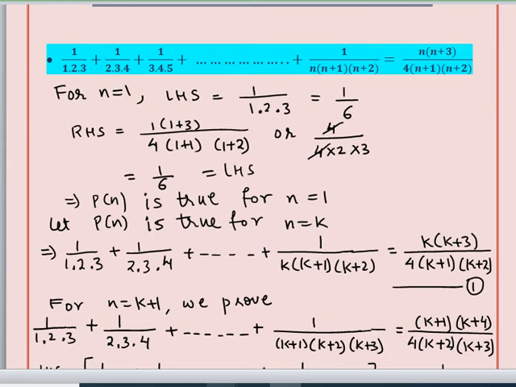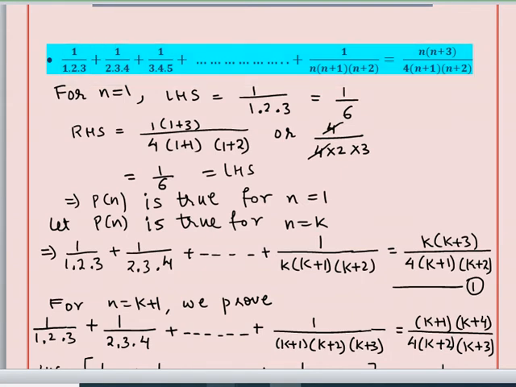So for n is equal to k plus 1, now we are going to prove 1 over 1 into 2 into 3 plus 1 over 2 into 3 into 4 and so on. The last term will be now 1 over k plus 1. See, this n gets replaced by k plus 1. So this reduces to k plus 1 plus 1, that is k plus 2. This will become k plus 1 plus 2, that becomes k plus 3.